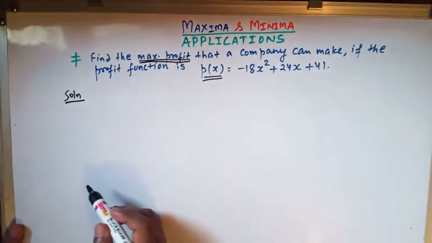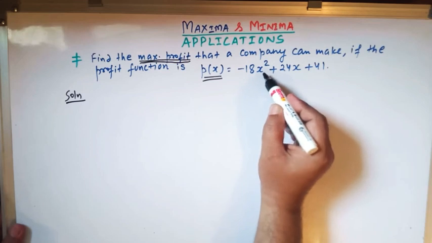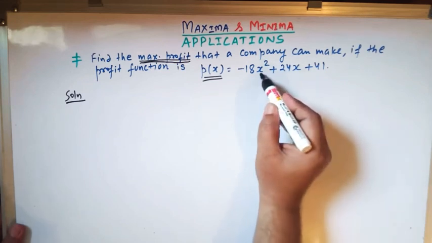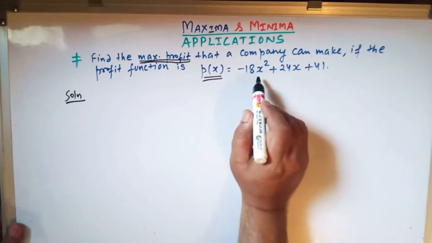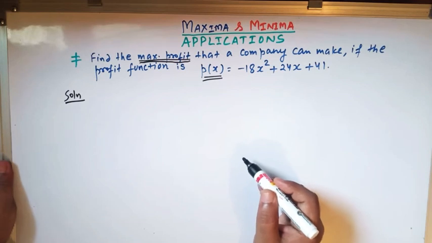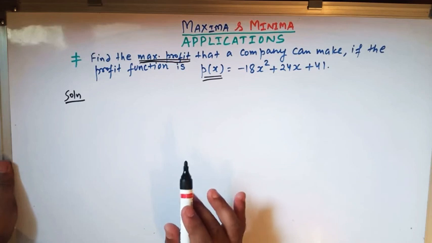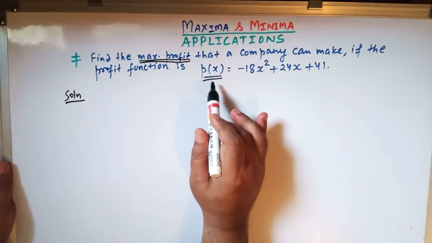The profit function is a function of x, where x may be the number of products produced by the company. Now we have to find the maximum profit from this profit function.